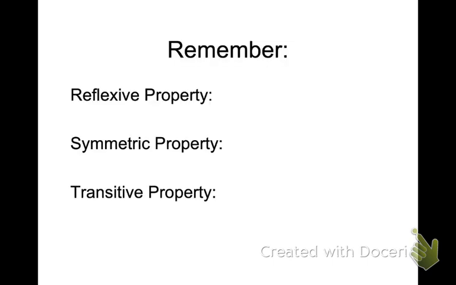All right, so we need to remember our reflexive property, our symmetric property, and our transitive property. Well, your reflexive property is when something is congruent to itself, right? Whether it is an angle, like angle A is congruent to angle A, or it can be a side, such as line segment AB is congruent to line segment AB.